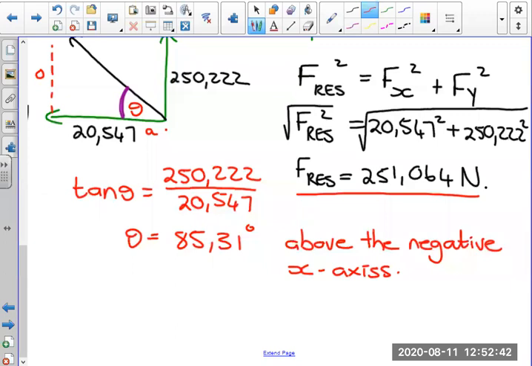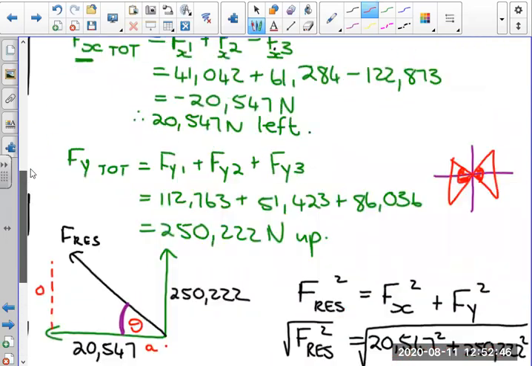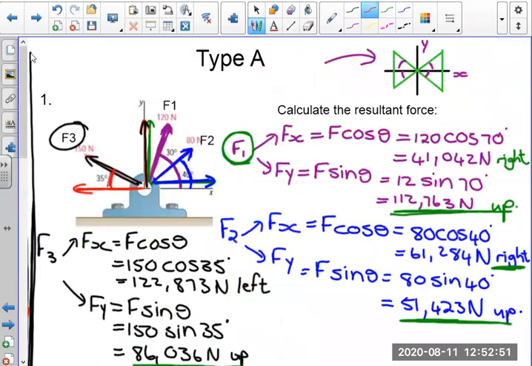Okay, now let's quickly check what the steps were. This I said is question type A that you can see there, where we have a substance and the forces working on this object, and they just want you to calculate the resultant or the net force. Step 1 is for each force to work out the x and y component.